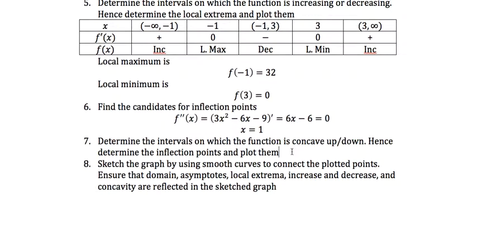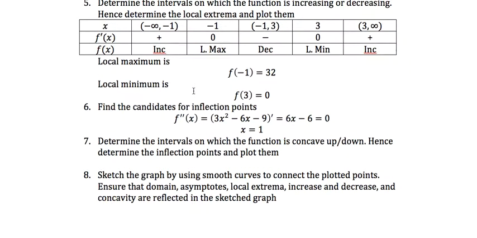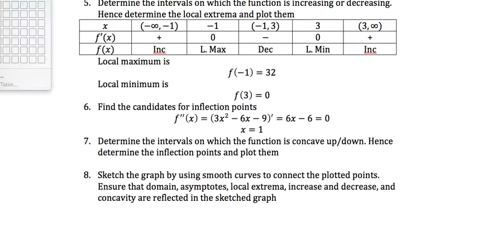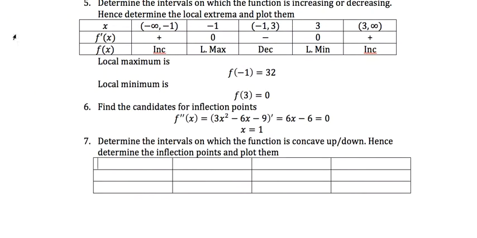In order to determine if it is an inflection point or not, we need to again insert a table. This time the table I want to be 4 columns and 3 rows. Again, I want everything in the middle, so it has a good look.